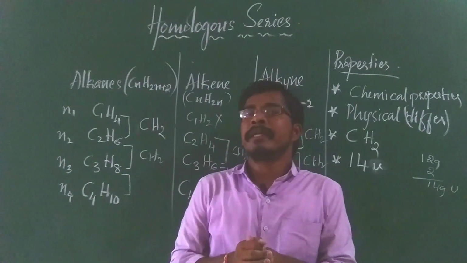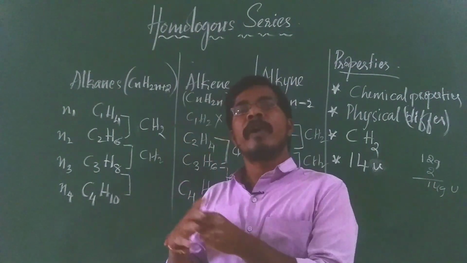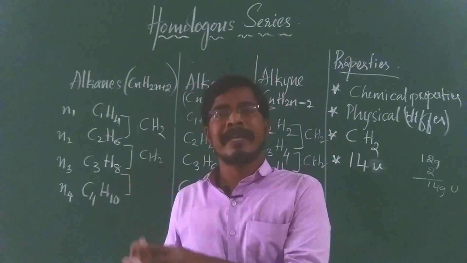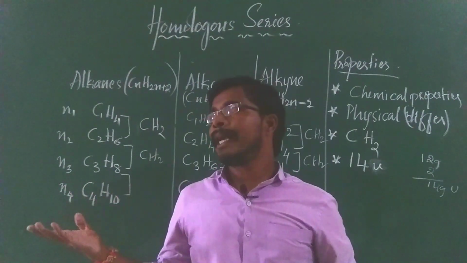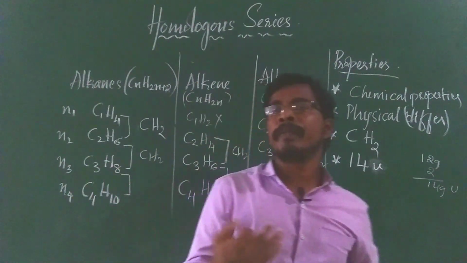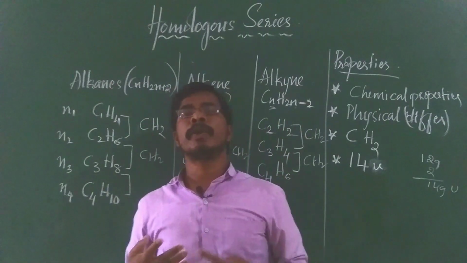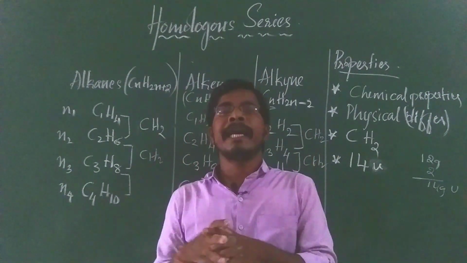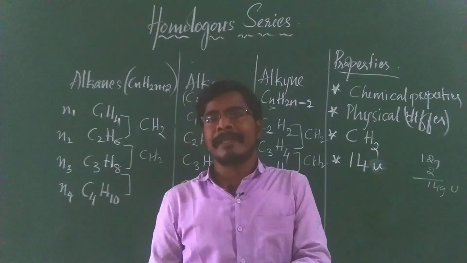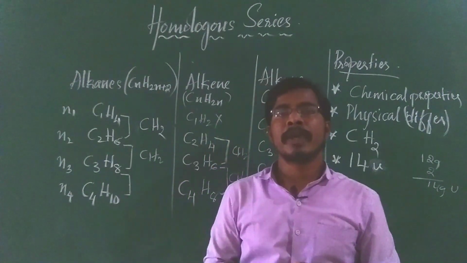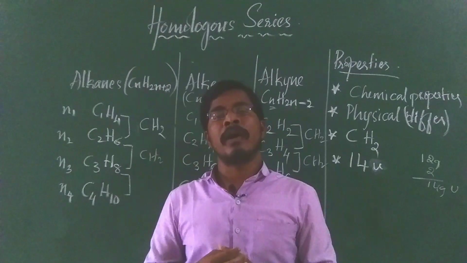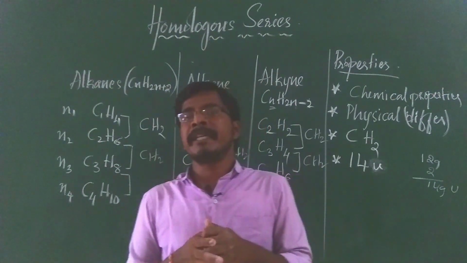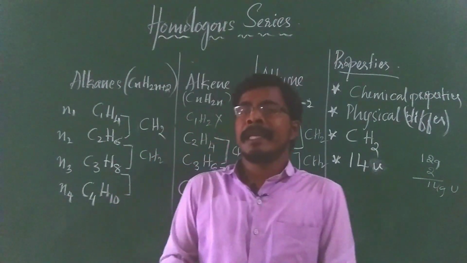Yes, dear students, you can write homologous series even for the functional groups I have explained, like alcohols, carboxylic acid, ketone, aldehyde. Try to write those homologous series. If you are not getting it, just approach your teachers. In the worksheets also I have given the general formula, which will make it easy for you to write the homologous series.